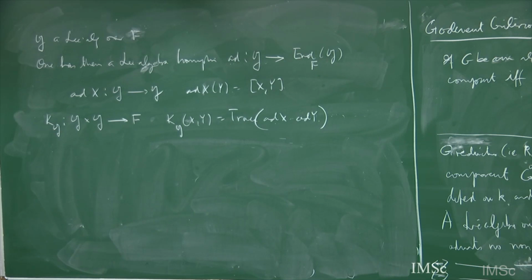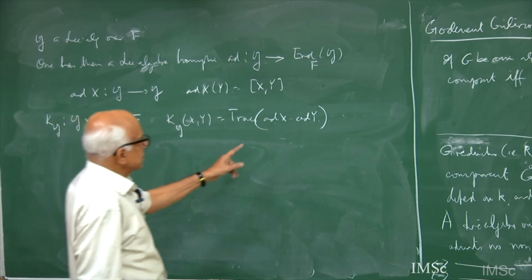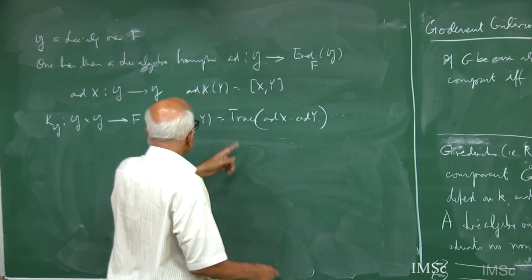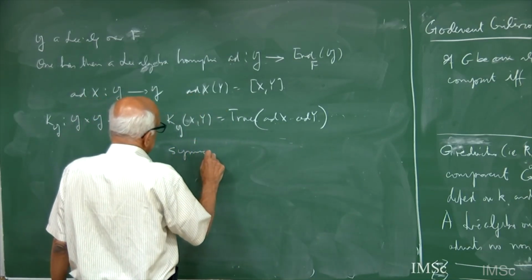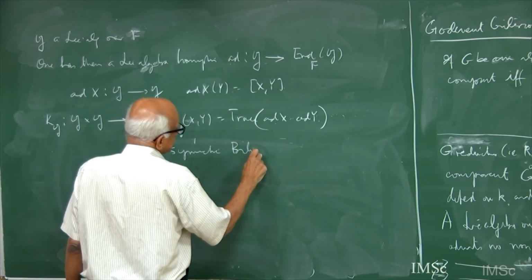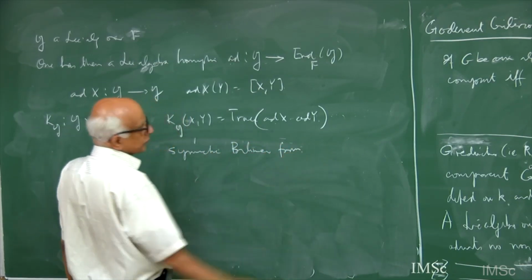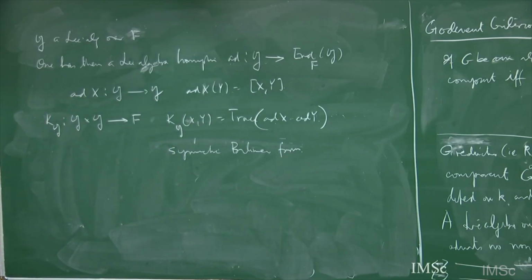We are looking at finite dimensional vector spaces. This is a bilinear form, and notice that since trace xy is trace yx, it is a symmetric bilinear form. If the Lie algebra is nilpotent, for instance, then this is identically 0, because ad x and ad y become nilpotent elements. You can simultaneously make them triangular because of Engel's theorem, and therefore ad x ad y is triangular with 0 on the diagonal, so the trace is identically 0.